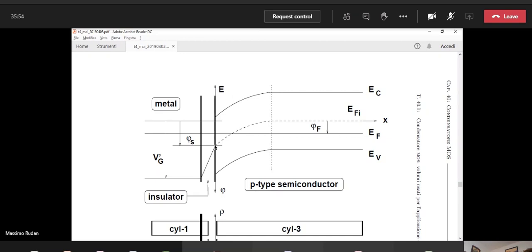Then we enter the semiconductor. The electric potential is continuous at the interface between insulator and semiconductor because we don't have any double layer of charge. But the electric field is discontinuous.